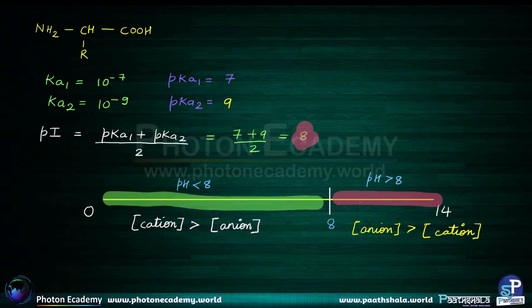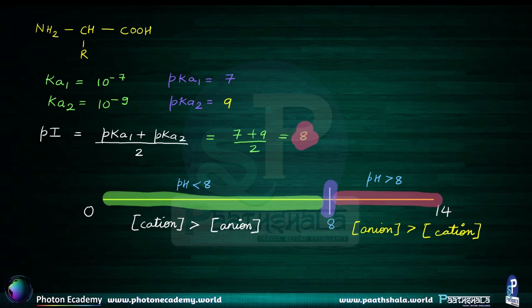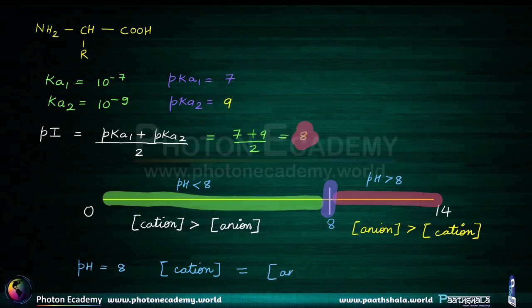We know the isoelectric point has been found, so at pH equal to 8, the isoelectric point exists and the concentration of cation becomes equal to the concentration of anion. So this is how the isoelectric point comes into play when we have to see whether the concentration of cation or anion is greater than the other.